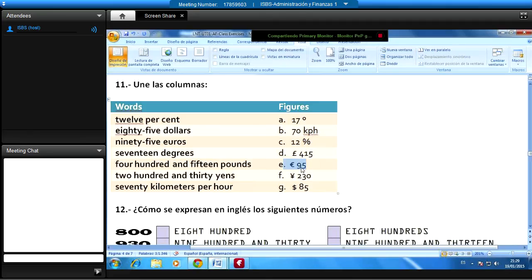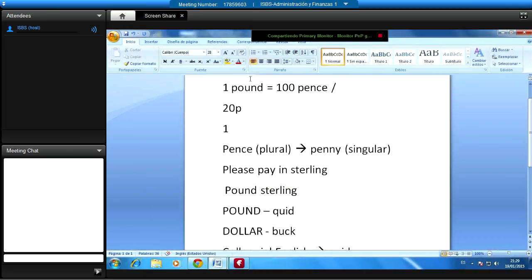But anyway. Okay, so this is 95 euros. Remember that in English, when you speak about money, the symbol always goes before, but not the fraction. So if you say 1 or 2p, as we saw before, 20p is 20 pence.